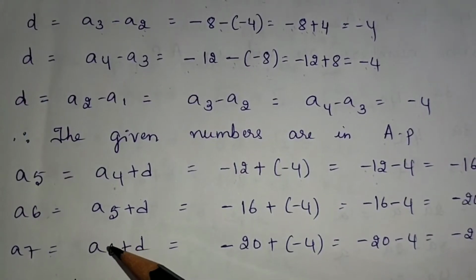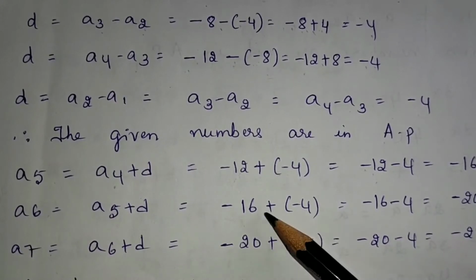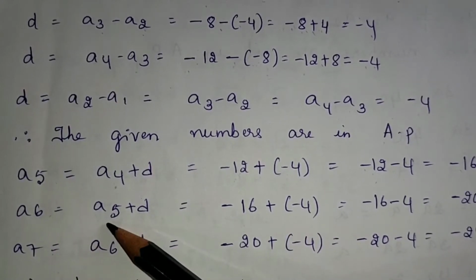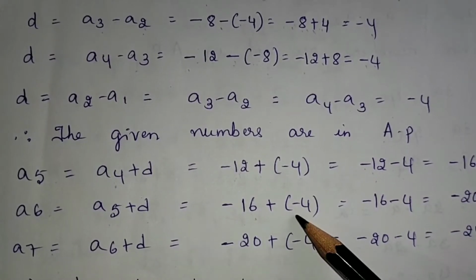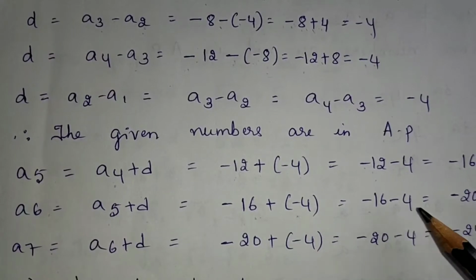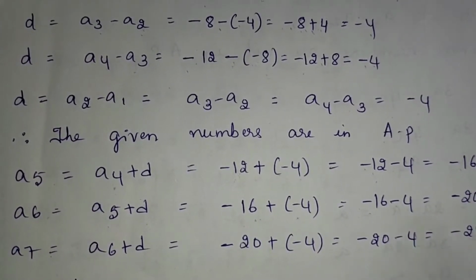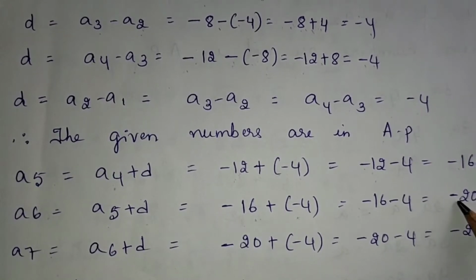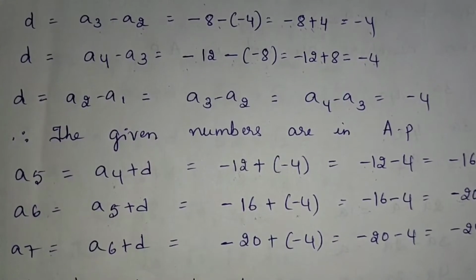Now add the common difference, minus 4, to the fifth term minus 16. Minus 16 as it is, plus into minus is minus 4. Since both the terms have a common sign, the result is minus 20. This minus 20 is the sixth term of the AP.